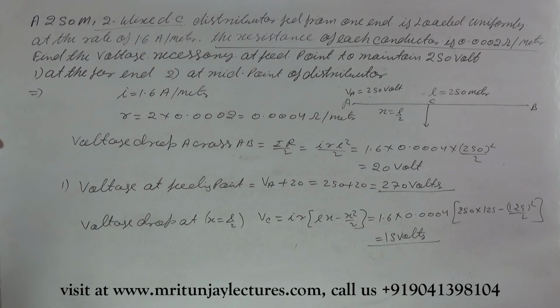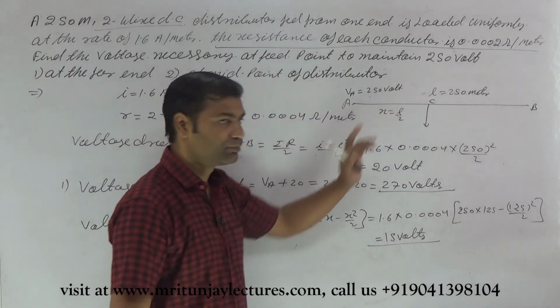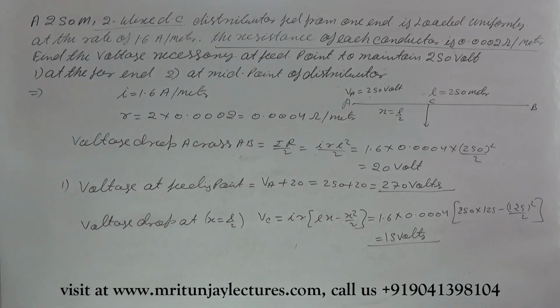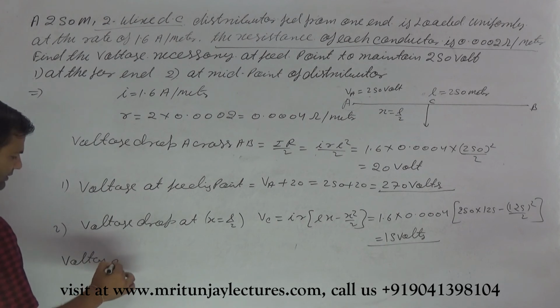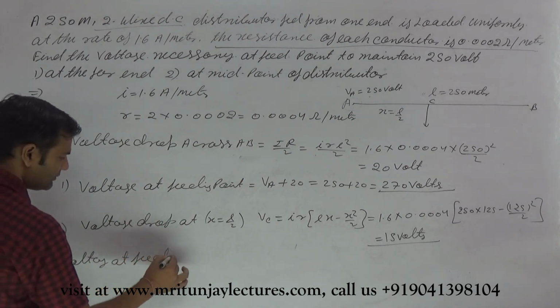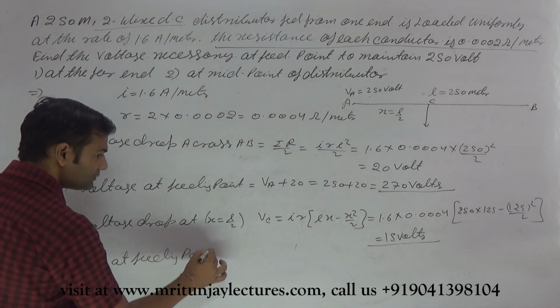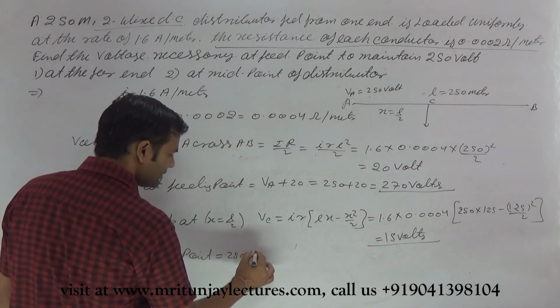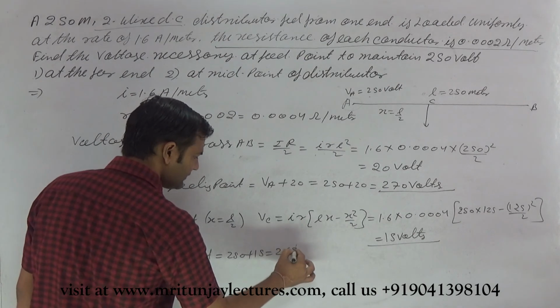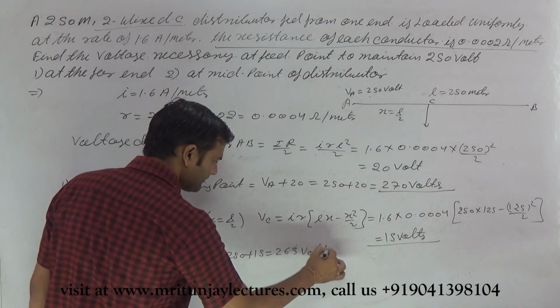Now our motto is to find the voltage at the feeding point. The voltage at the feeding point is 250 plus 15, that is about 265 volt. This is the final answer.